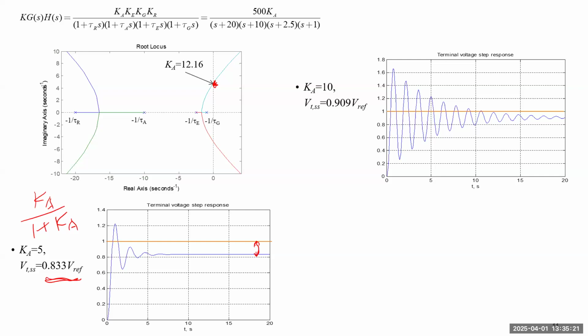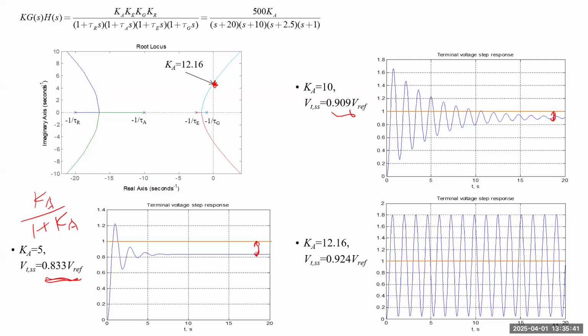If you increase to 10, it's still lower than the limit. You see it has a lot of oscillation. And the gap now is about 0.1. It still has around 10% of gap. So that's also not acceptable for most transmission power systems. If you really increase this gain to the limit, you will have equal amplitude oscillation.